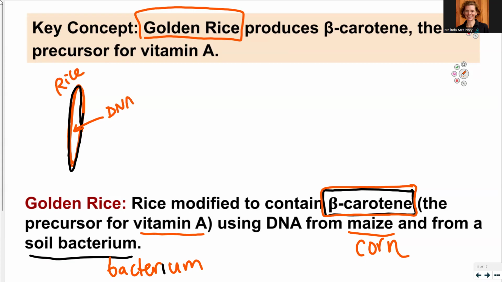Now I'm adding in DNA from corn, and I'm adding in DNA from bacteria, and together, okay, it's going to allow the new rice to produce beta carotene. And so individuals that eat this newly grown type of rice will now have vitamin A without taking vitamins as supplements. So it's one of the positive impacts of genetic modification and transgenic organisms.